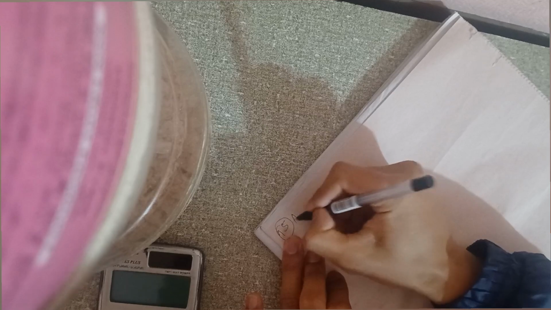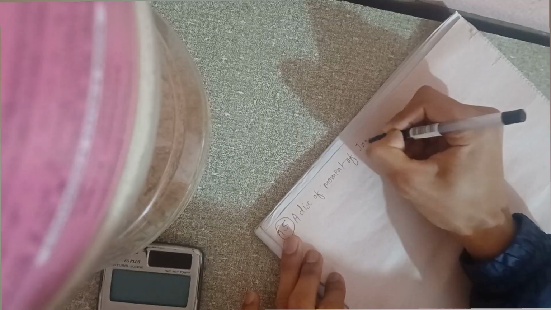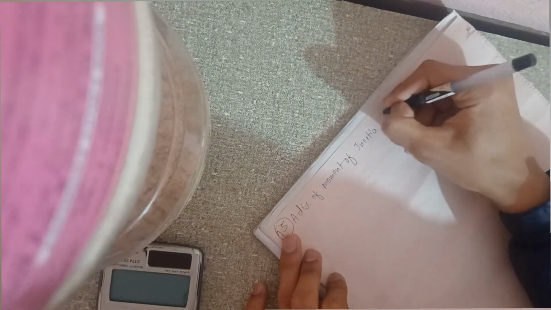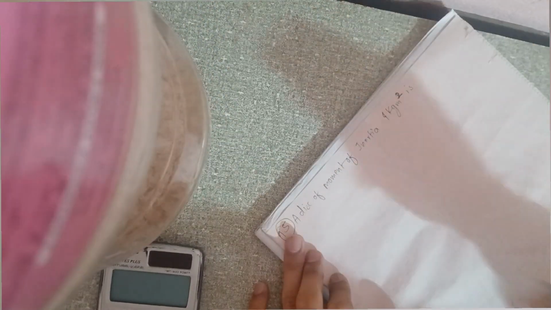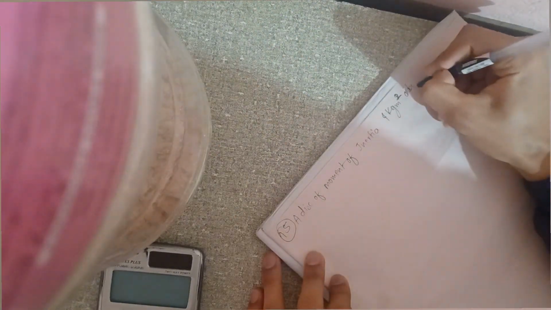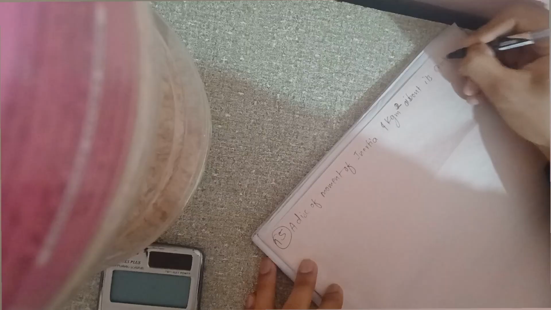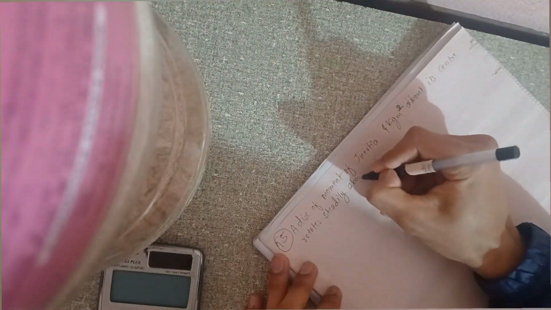The question says that a disk of moment of inertia 4 kg meter squared about its center rotates steadily about the center and the mass of 5 kg.